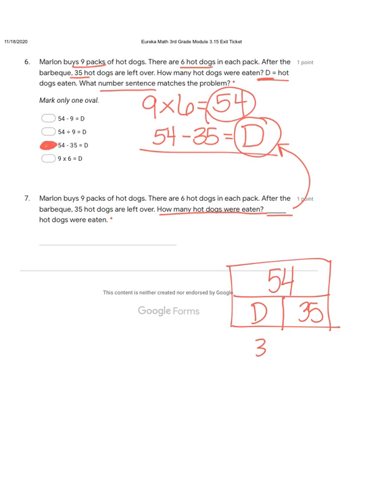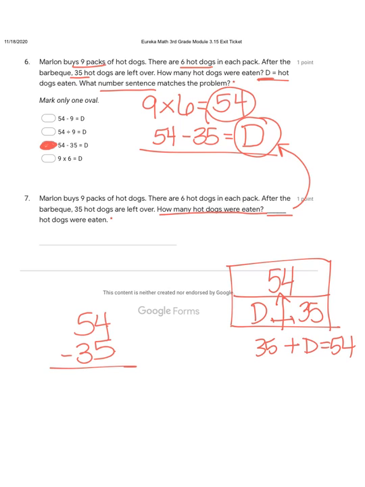So there are 2 ways we could do this. We could say 35 plus D equals 54, because 35 plus D is the same thing as 54. Or we could start with 54 and subtract 35. So let's do this. 54 minus 35. Can we take 5 away from 4? No, that's not enough.